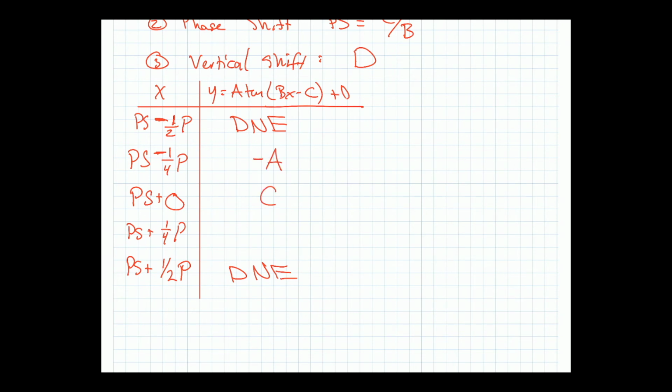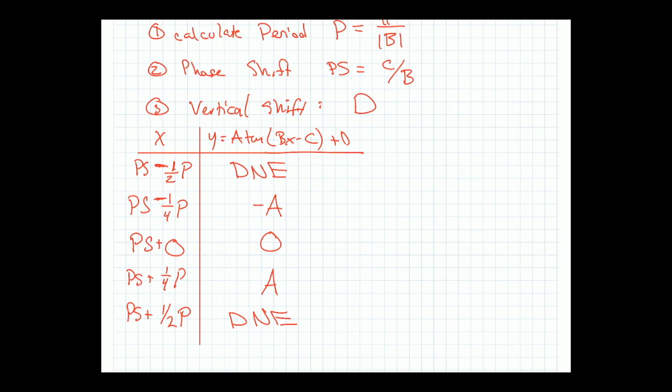Well, we've got this vertical shift here now, this new thing. So you've got to add the vertical shift on to each of these. So D minus A, D, it's plus 0, but that's just D, and then D plus A. All right, and then you got your phase shift, which you already talked about.